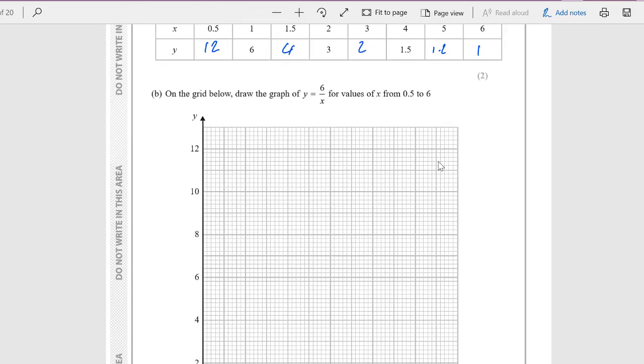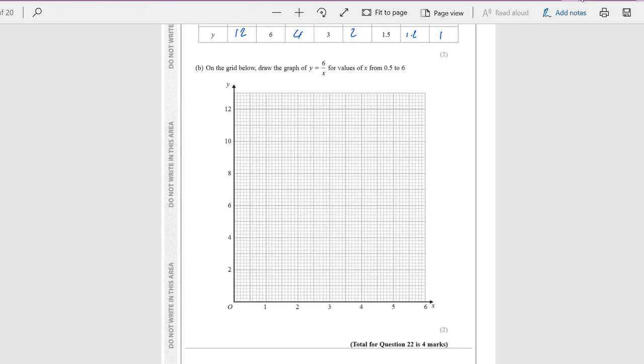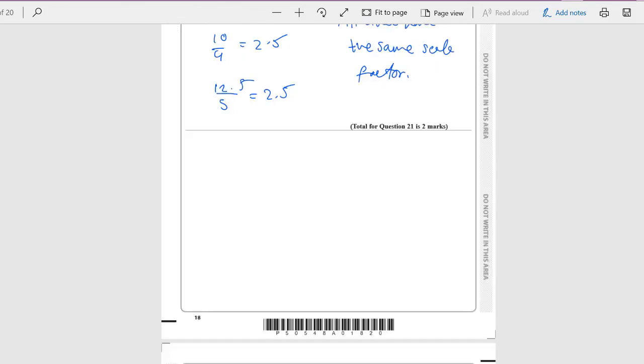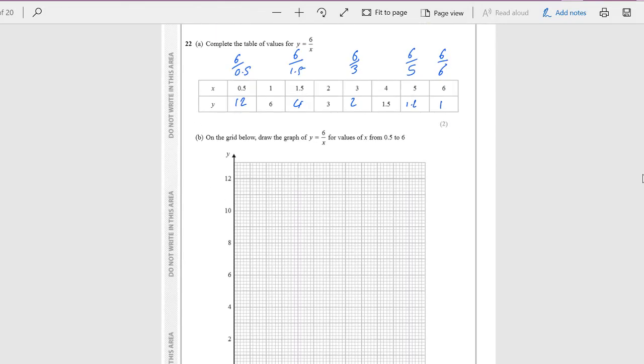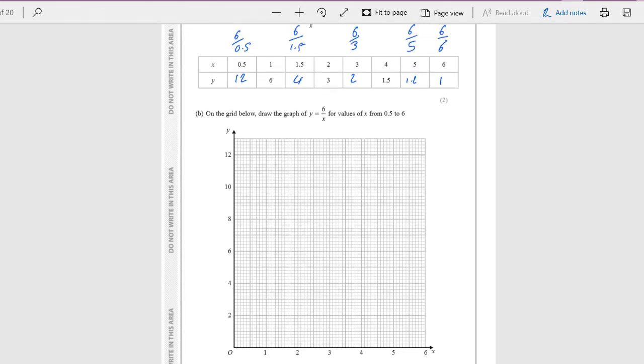So on the grid below, draw the graph of the values. So let's just zoom out ever so slightly. A different color. So let's do this as follows. So I'm just gonna bring this up slightly.